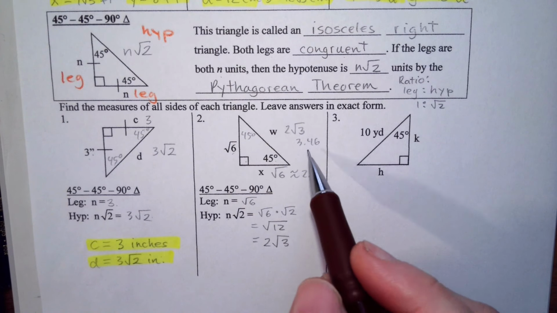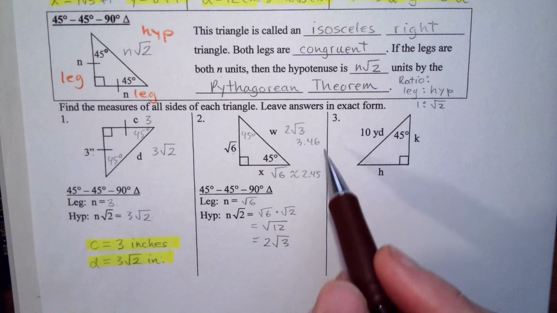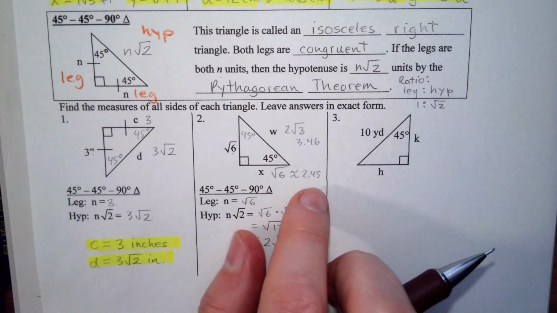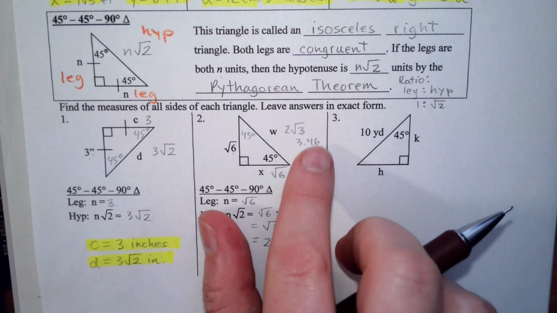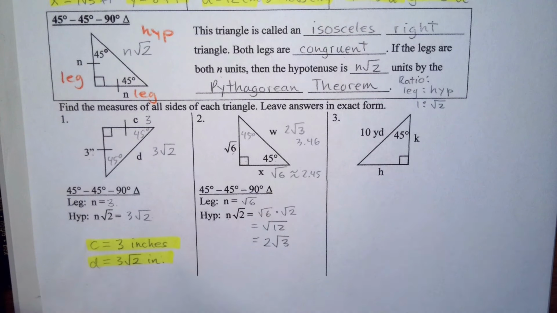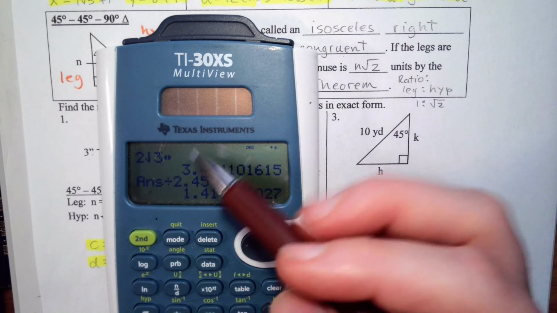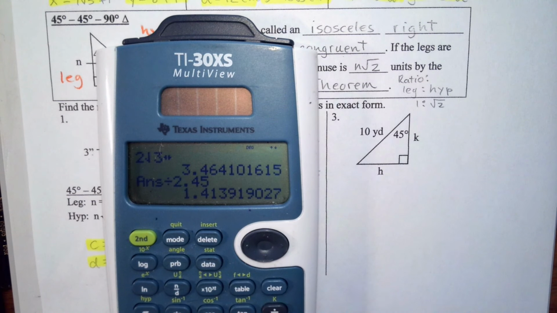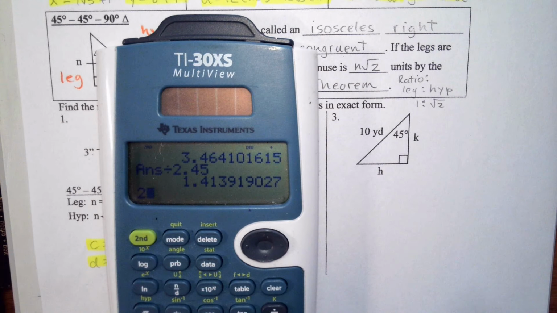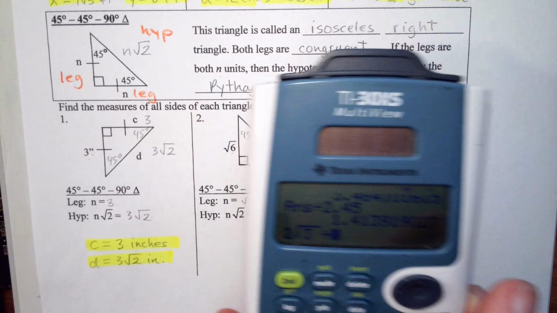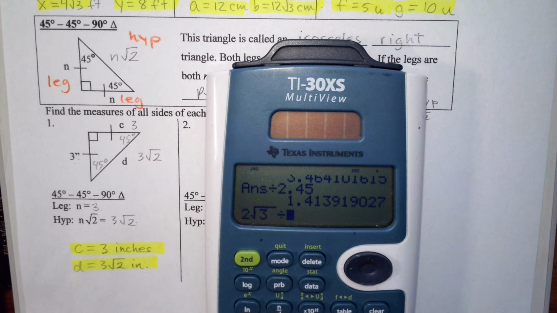Okay, and once again, there's that ratio here. If I were to take and divide 3.46 divided by 2.45, I'll show you my calculator. So I took 2 root 3, sorry, it's not really totally clear. In fact, let me put this here. So we took 2 and the square root of 3 divided by the square root of 6.